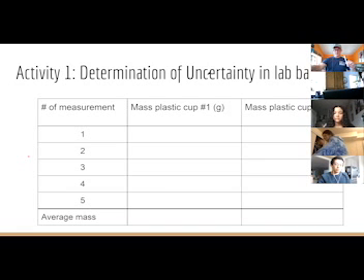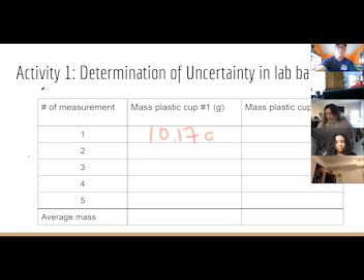Wow, okay. I'm getting, let me write mine down. I'm getting 10.17. I'm getting 9.95. Okay. I got now 10.11. We're all going to be different. Why? Because we're not all measuring the mass of the same cup.